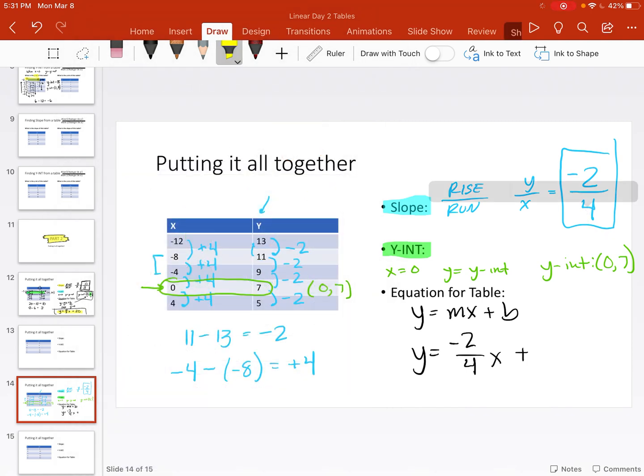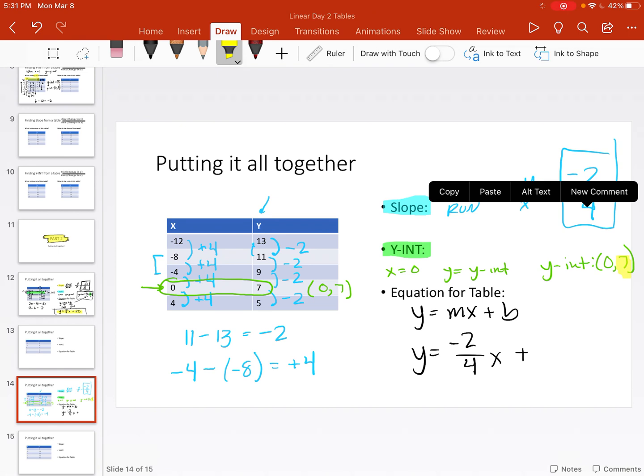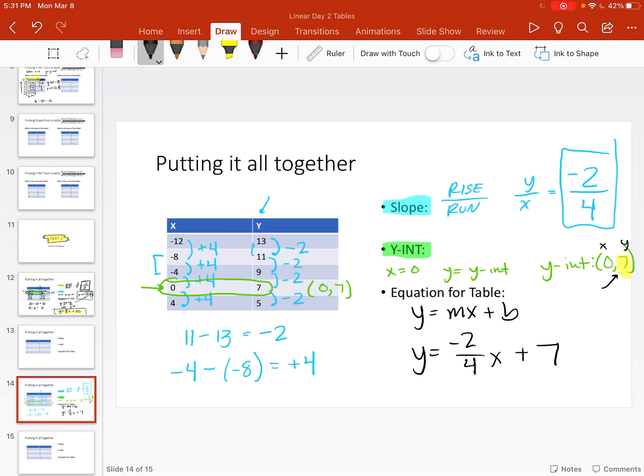We just want our y value, which in this case was that 7, seen here, because we have our x and our y. So plus 7. So I put it all together to get my equation of y equals -2/4x plus 7. That completes it for part 2.